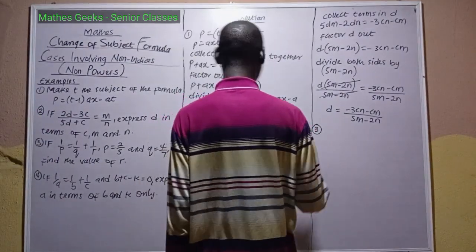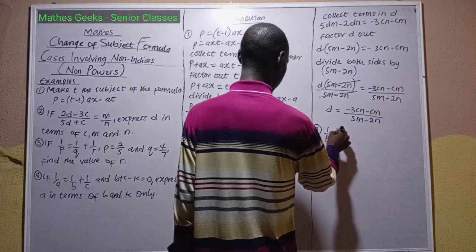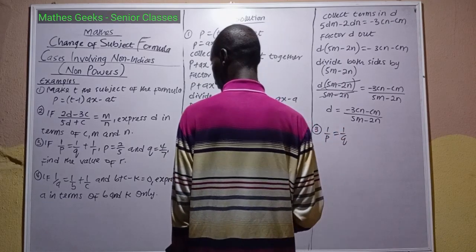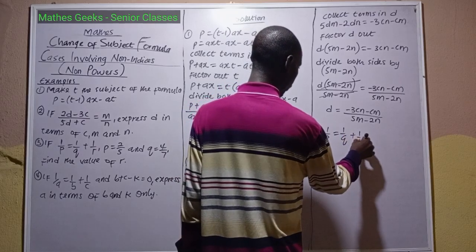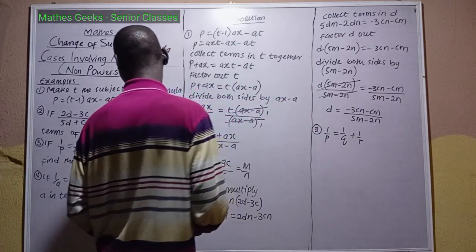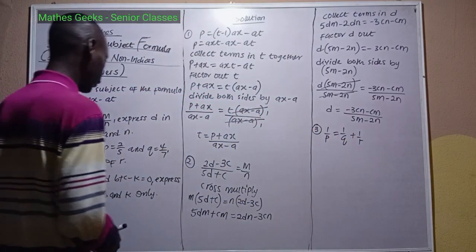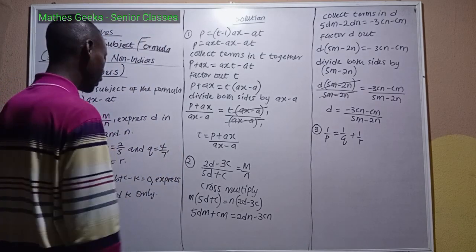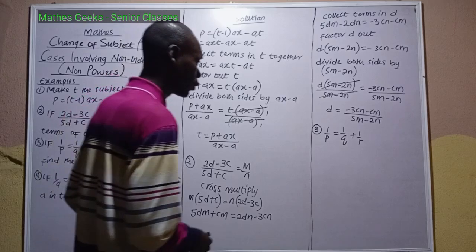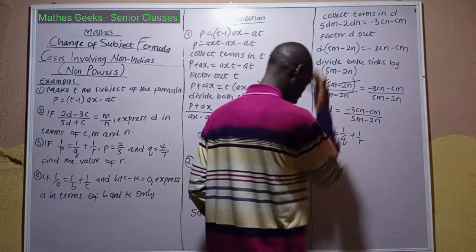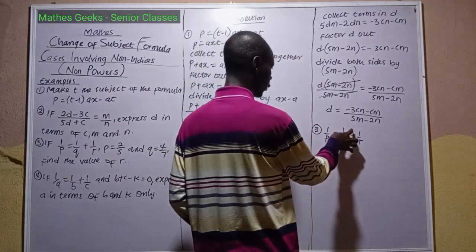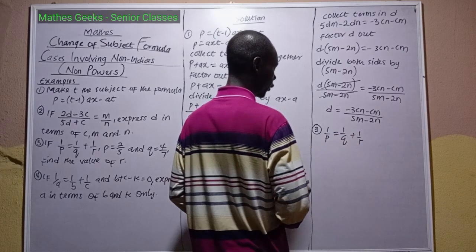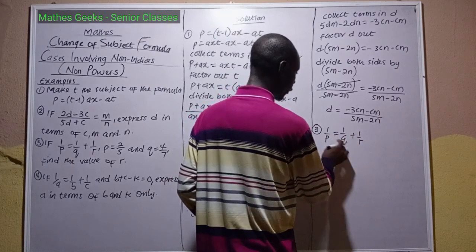If 1 over p is equal to 1 over q plus 1 over r, find the value of r. If we want to find the value of r, then it means r must be made the subject of the relation. To do that, first thing first, we eliminate 1 over q by subtracting 1 over q from both sides.